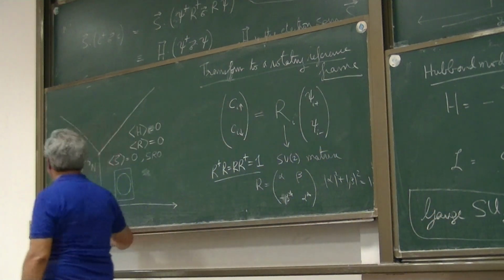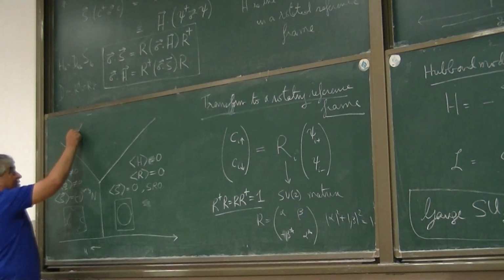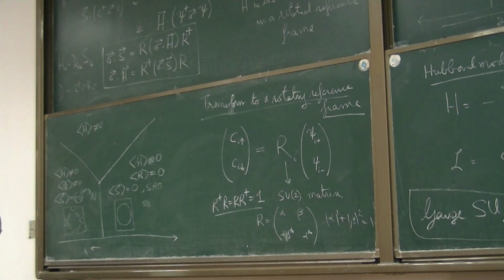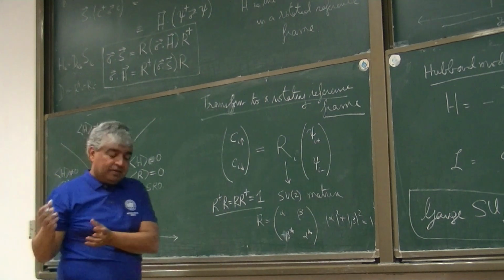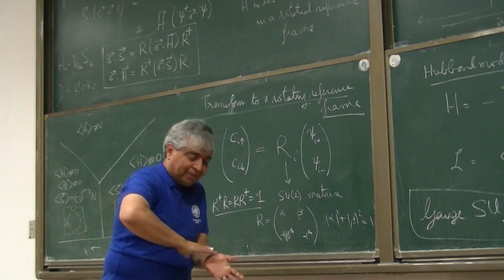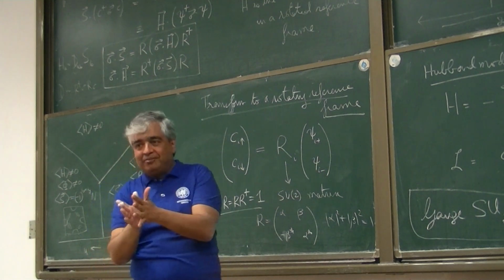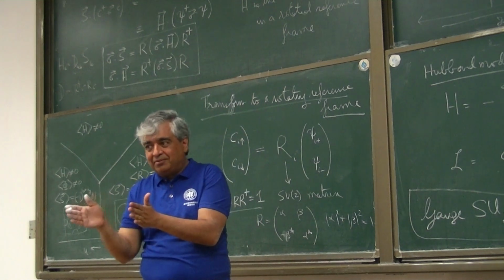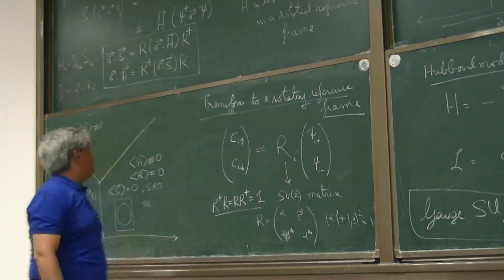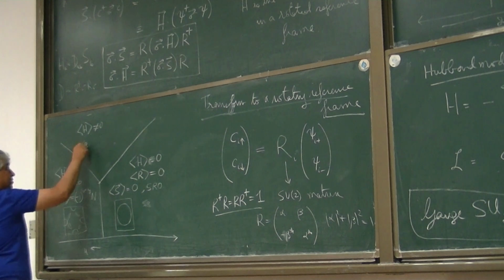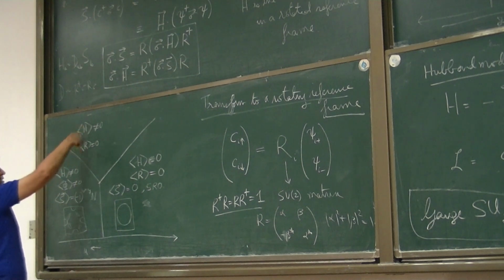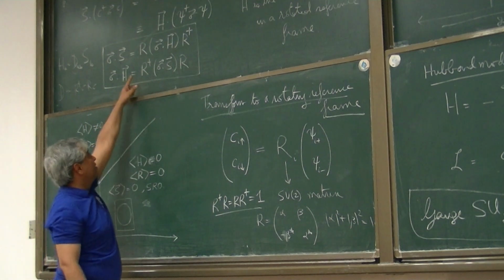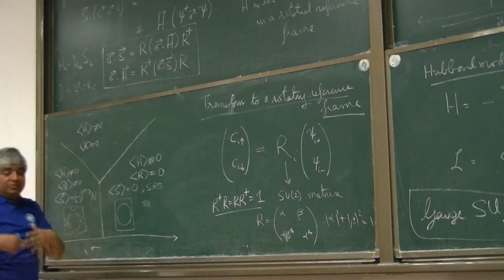So what's up here? Well, up here is a very nice thing. Here the Higgs field is non-zero. So what that means is that you can transform to a rotated reference frame, and once you transform to a rotated reference frame, the spin is large, because H is measuring the magnitude of the order in the rotated reference frame. But R is zero. So this means that the spin operator, which is like H times R squared, if R is zero, this whole thing is zero. So there's no long range order.